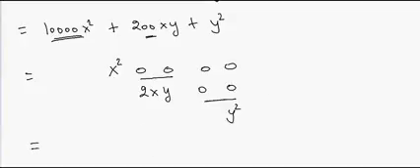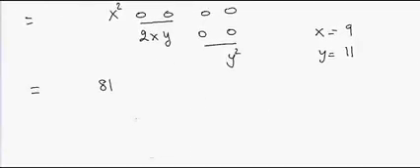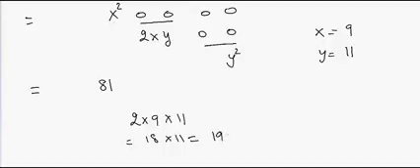Again, if I have x is equal to 9 and y is equal to 11, then you can see that 9 square is 81. So there is no limit for x square here, right? And then we have 2xy, so 2 into 9 into 11, that will be equal to 18 into 11, and that will be equal to 198.